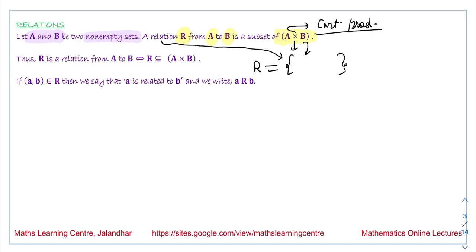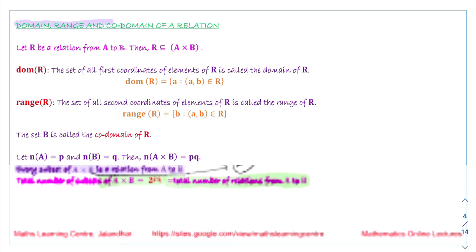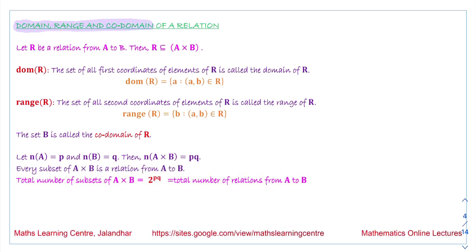We write R is a subset of A cross B, where A cross B is the Cartesian product of the sets A and B. And if an element (A, B) is from this R, then we write it as A is related to B by the relation R.